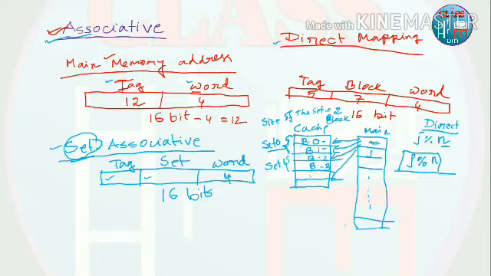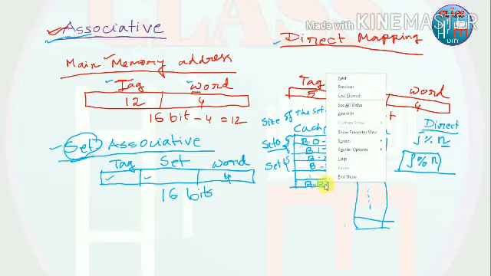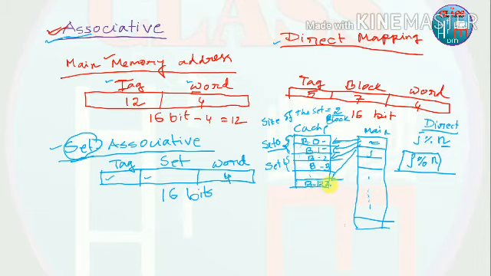Whatever numerical problem is given, the size of the set will be given. Suppose here the size of the set is 2. So in the cache memory, the total number of blocks is 128, from 0 to 127.